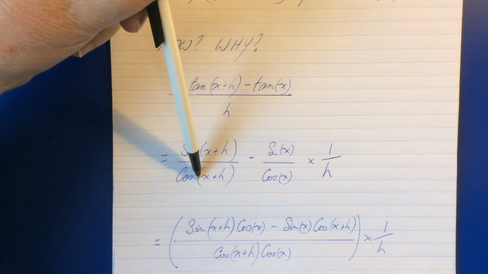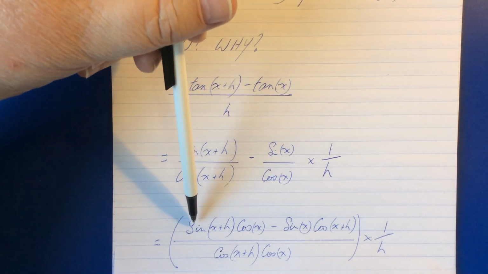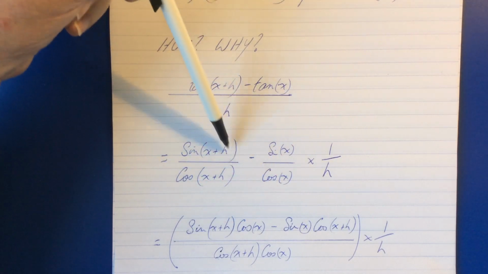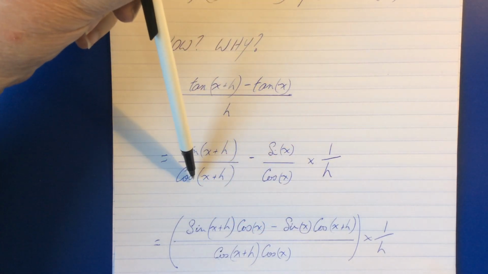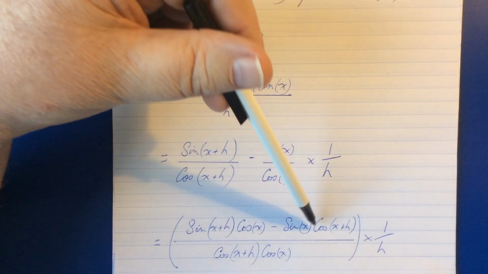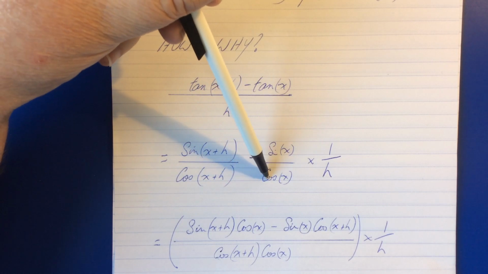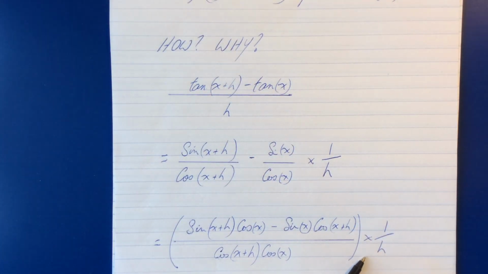So we multiply this by this and this by this, and what we get is sine x plus h times cos x, minus sine of x times cos of x plus h, all over cos x plus h times cos x, all times 1 over h, the equivalent of dividing this expression by h.